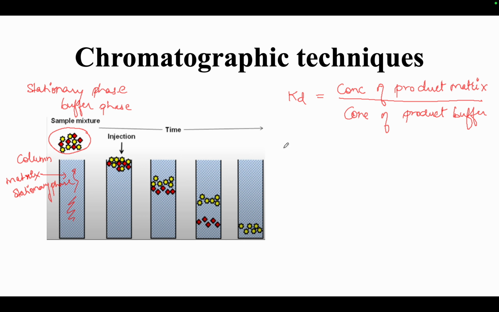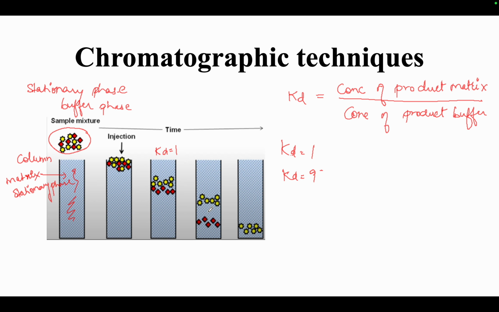If the KD value is 1, that means they won't separate that much. For example, let's take this mixture where the KD value is 1. They don't separate much. Whereas if the KD value is 9 or a greater value, that means they will move faster and there will be a larger separation.